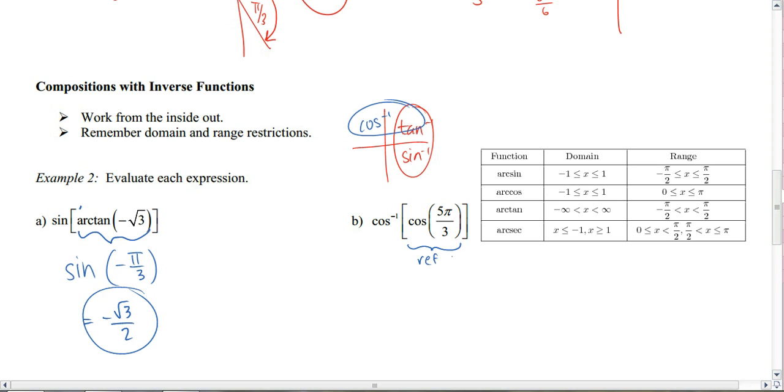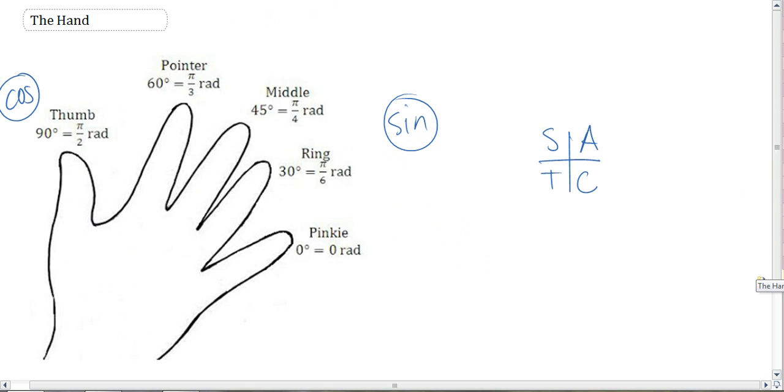Reference angle is definitely pi over 3, but be careful, it's in quadrant 4. So now when I go down here, reference angle is pi over 3. We're going to fold that down. And its cosine is going to be 1 over 2, a half. So now that I know it's a half, I can go back and figure out the rest of the problem.